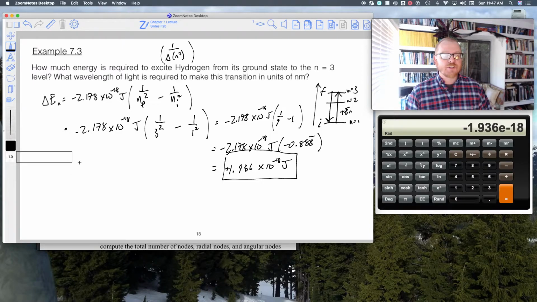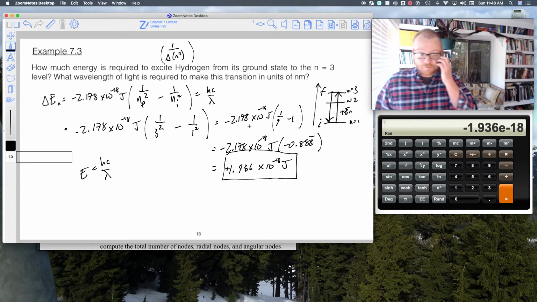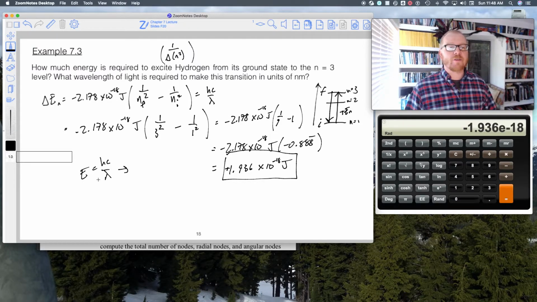So now the second part is what wavelength of light is required to make this transition. Well, I remember that E always equals hc over lambda, okay? So I have a value for energy, even though this was delta En, I can still say all of that equals hc over lambda. So to solve for the wavelength, I'm just going to do some algebra, because that's what it asked me for.